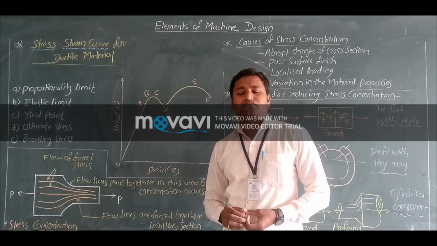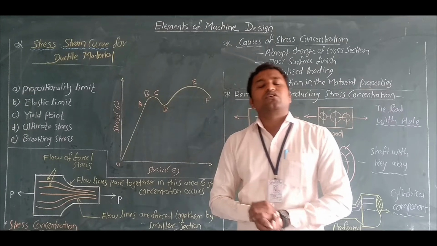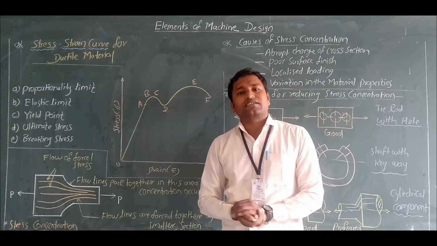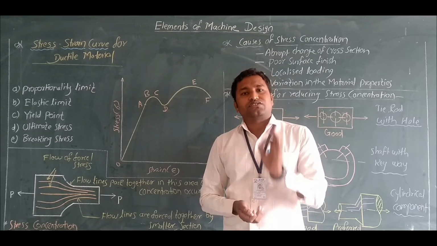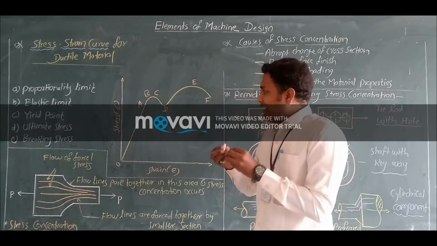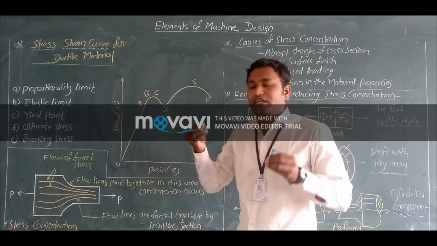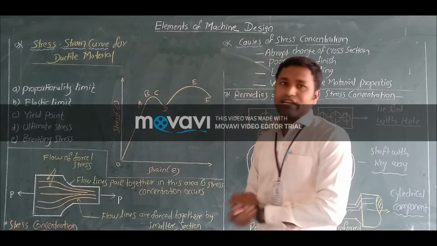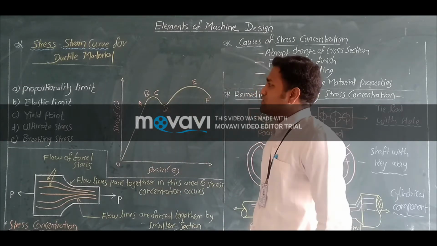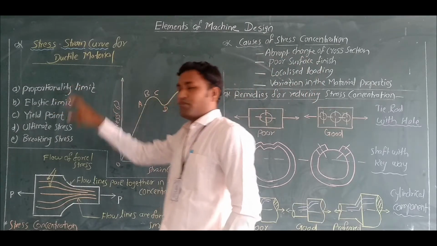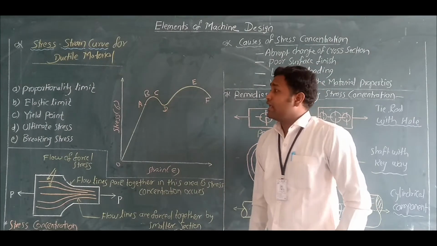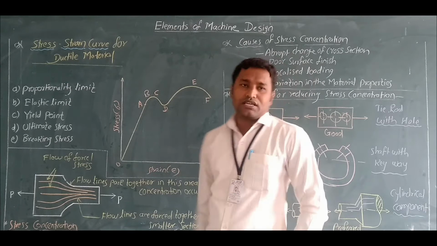It means if a specimen is loaded under tension and the load increases, the stress is directly proportional to strain. It gets elongated so that it draws a directly straight line. So this line OA is known as the proportional limit.